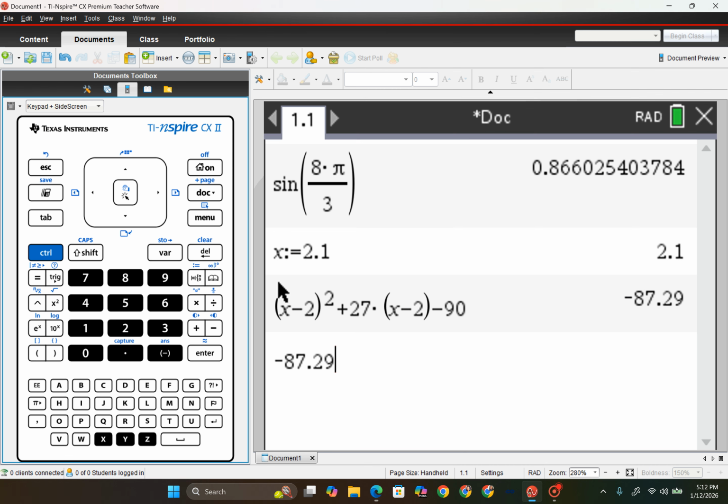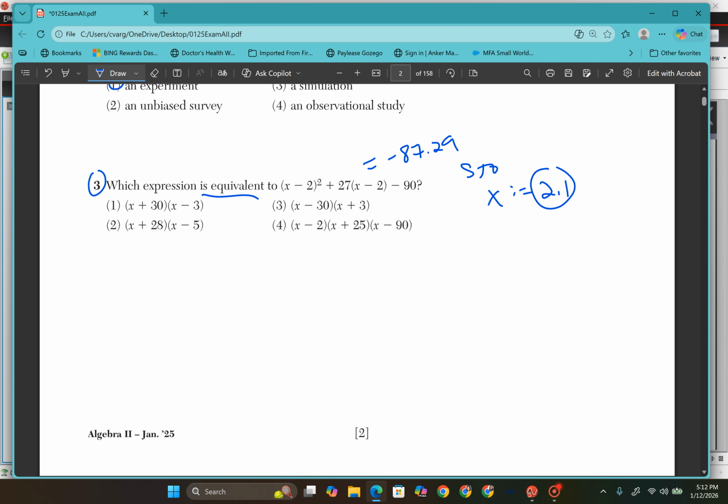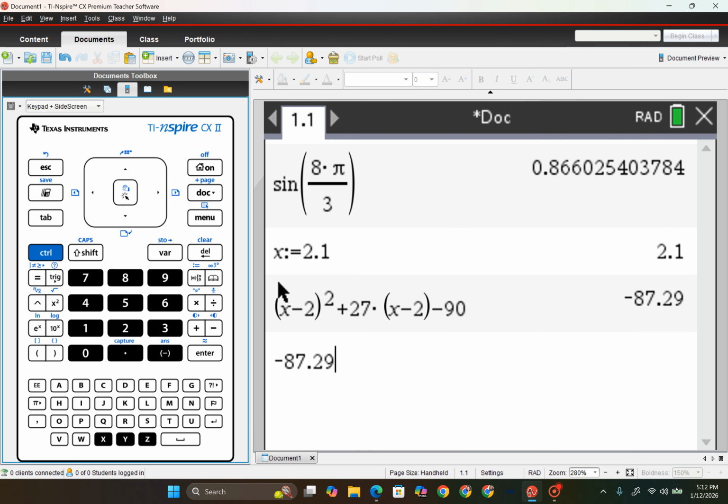And I'm going to see which of these answer choices equals negative 87.29. So I'm going to plug each of them in. So I'll start with the first one, x plus 30 times x minus 3. So parentheses, x plus 30. And you could do this the algebraic way, 100%.